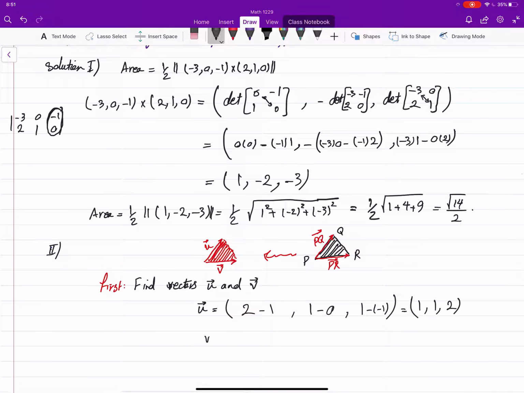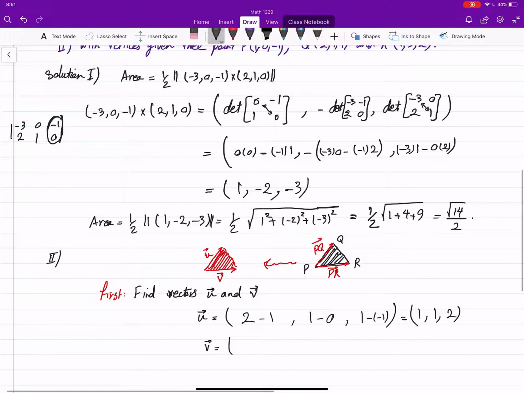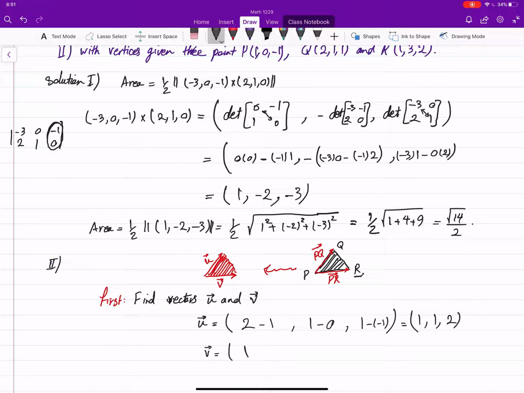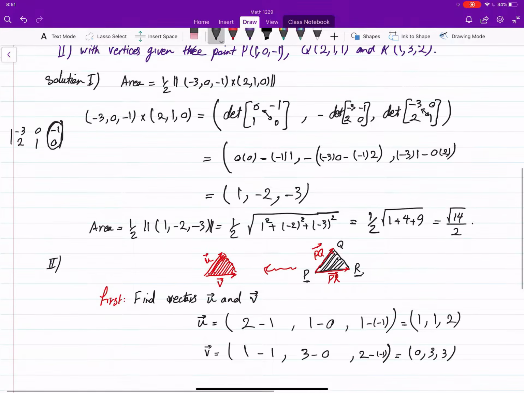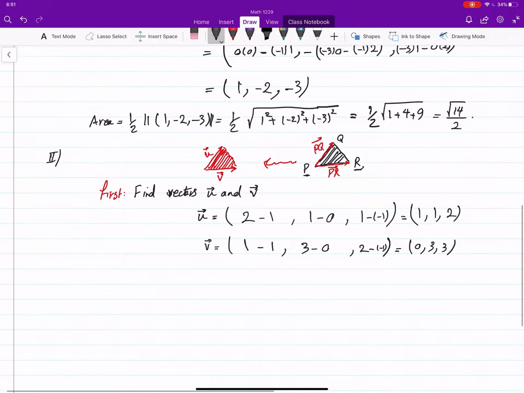How about v? The endpoint of v is R, so we write the coordinates of R, (1, 3, 2), minus the coordinates of the starting point P, (1, 0, -1), and that gives us (0, 3, 3). Very good. Now we have two vectors.